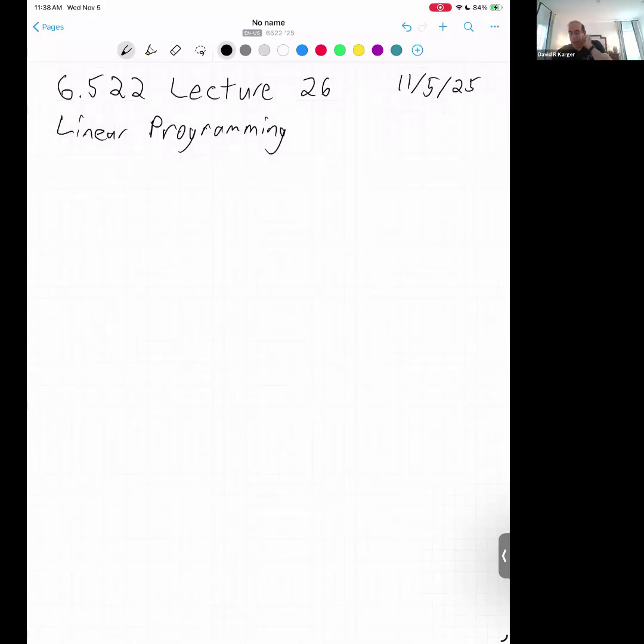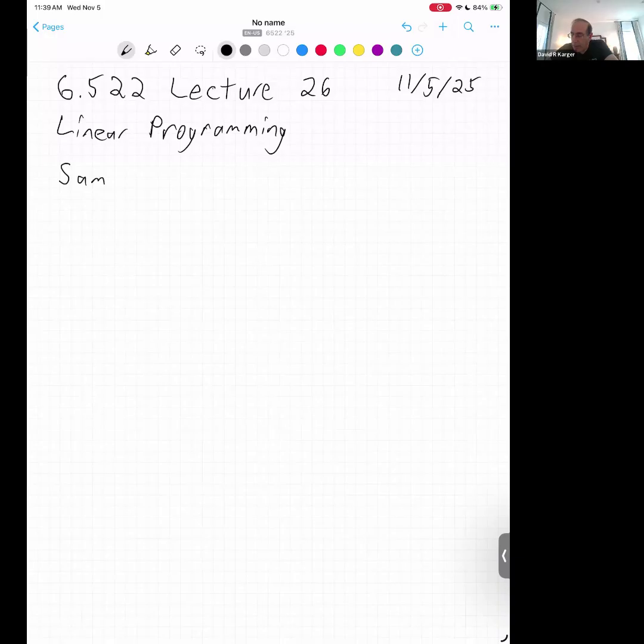All right, so we talked last time about linear programming, and we discussed a number of elegant techniques for using random sampling in order to speed up linear programming.